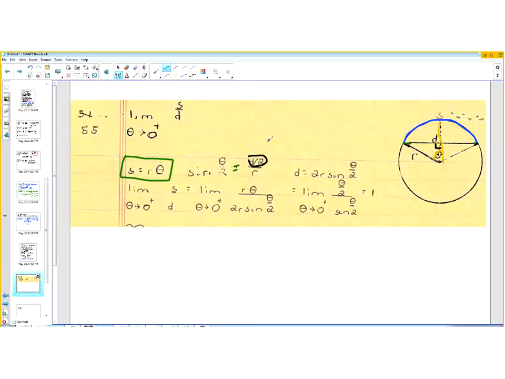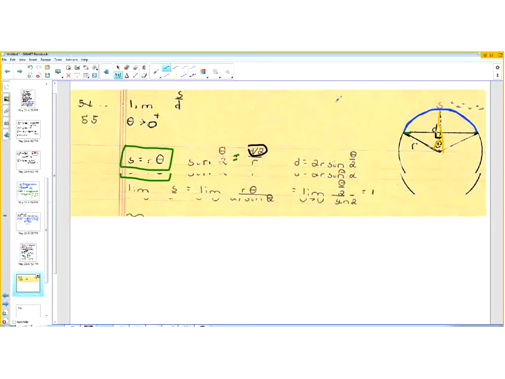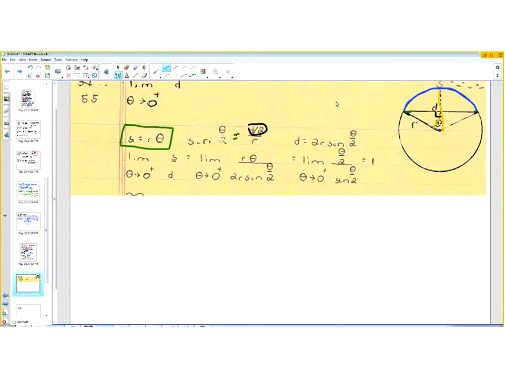So sine theta over 2 is D over 2 over R. So why did I choose to calculate that? Well, the reason being is that we can get a formula for D. That's the only way we can grab a formula for D in terms of R.